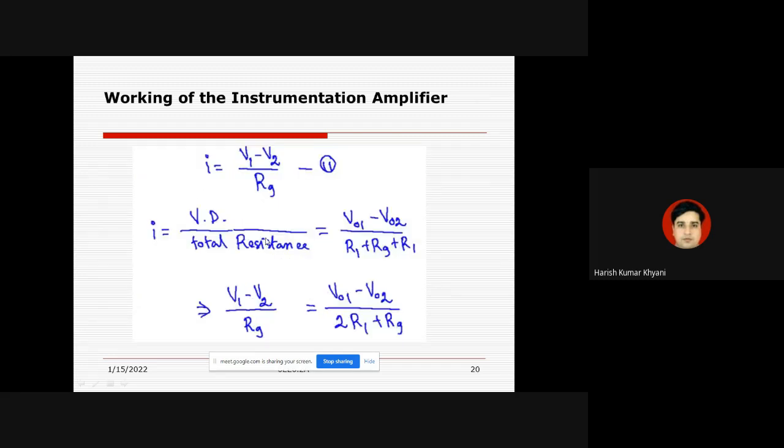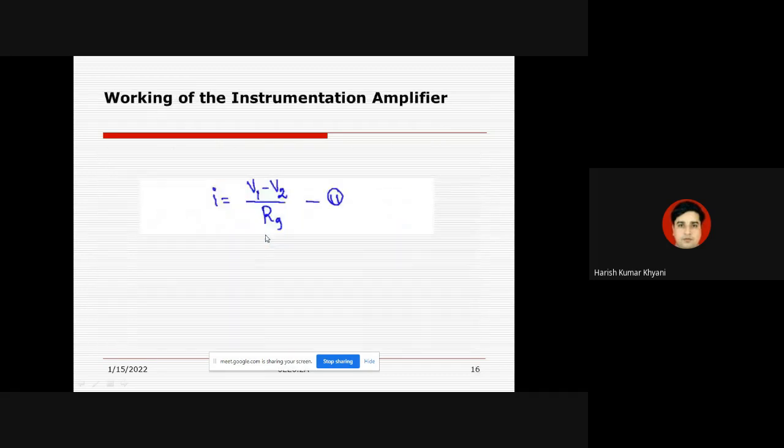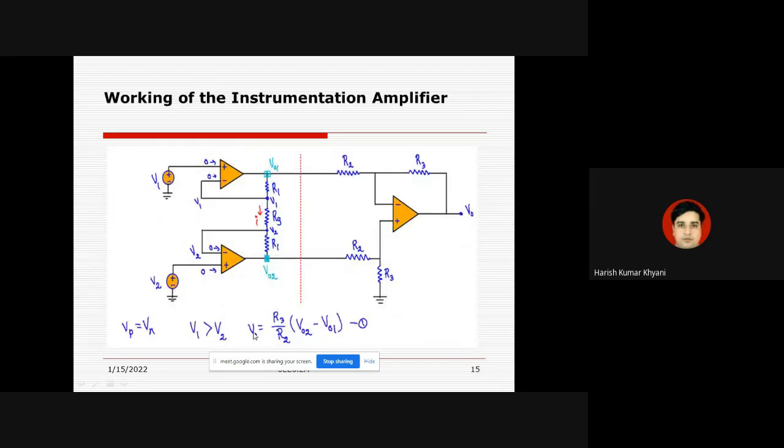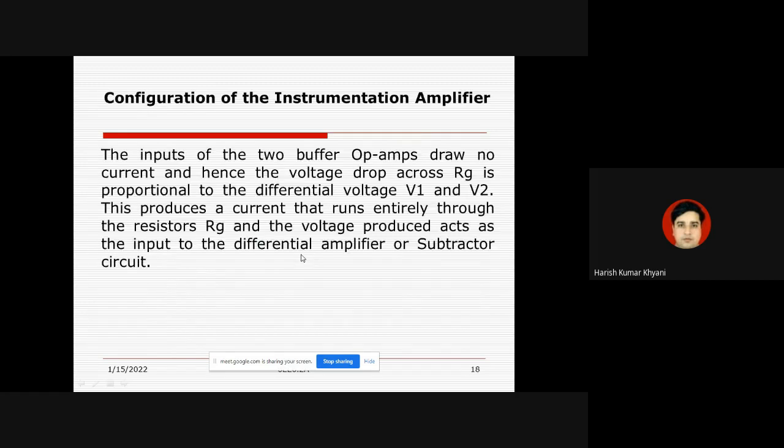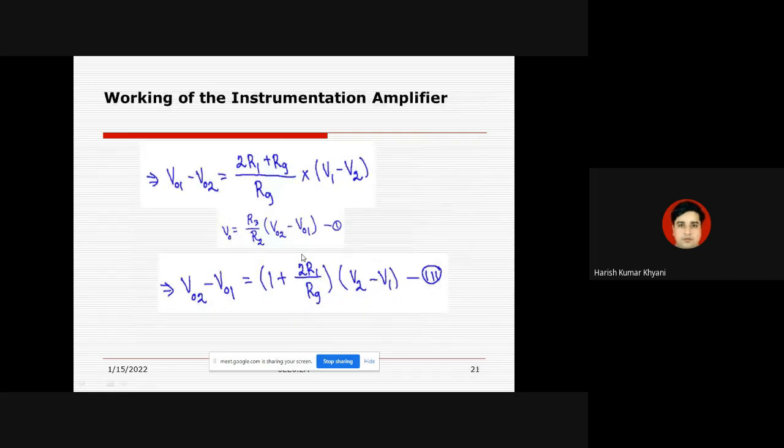If you look at the first equation, the output equation, we need V02 minus V01. So looking at this aspect, V01 minus V02 will be equal to the current multiplied by 2R1 plus RG. We have placed the value of that current. Because the output is R3 upon R2 times V02 minus V01, we have taken the negative sign outside.